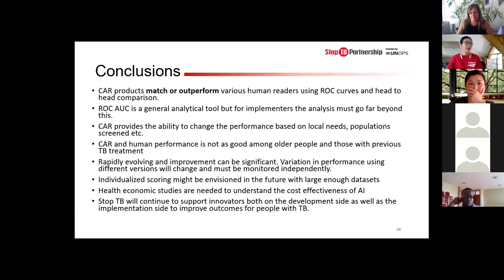Just a quick conclusion. We have shown in three studies that AI products have either matched or outperformed various human readers. We think the analysis needs to go beyond basic ROC analysis to help implementers understand and use the tool.